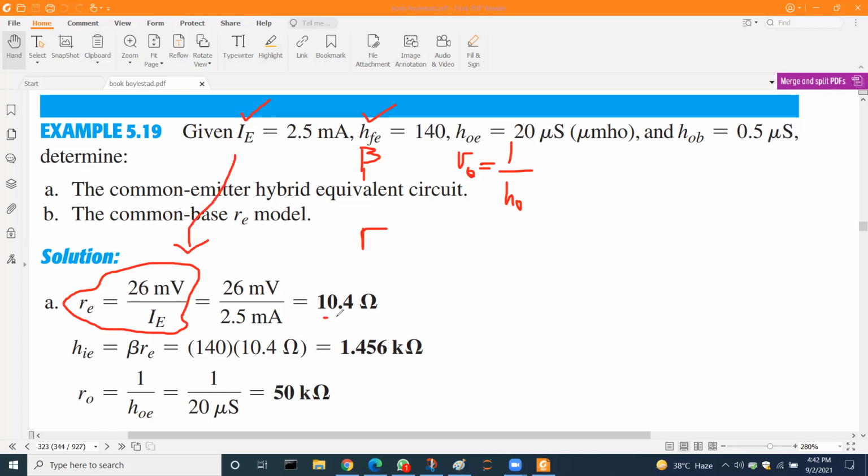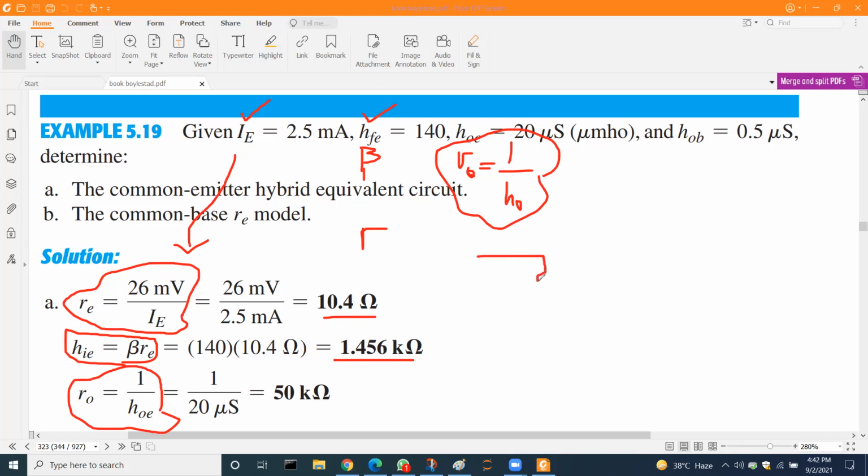So we put the value, we get the value of RE, and HI is equal to beta RE. This is another formula which we use to get the input resistance, and this formula we use here to get the output resistance. So it is clear that we have the required parameters.